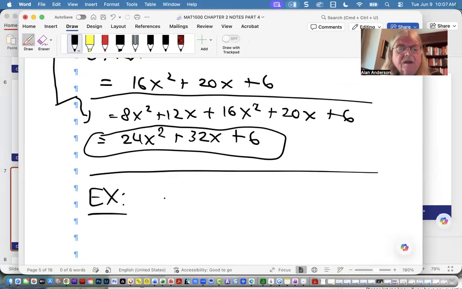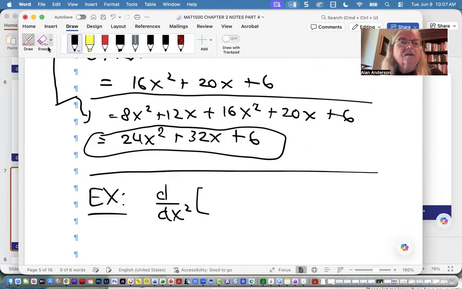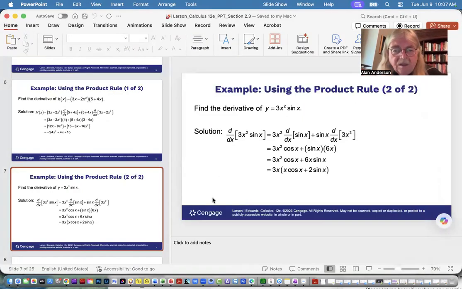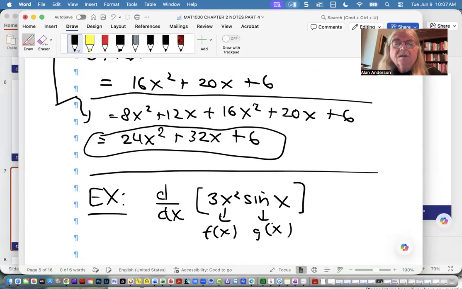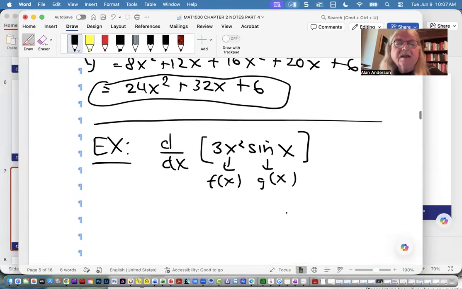All right, so here you've got, oh, sorry, there's no two there. 3x squared times sine x. Okay, so this is your f of x. So yeah, these are very straightforward because f prime of x would be 2.